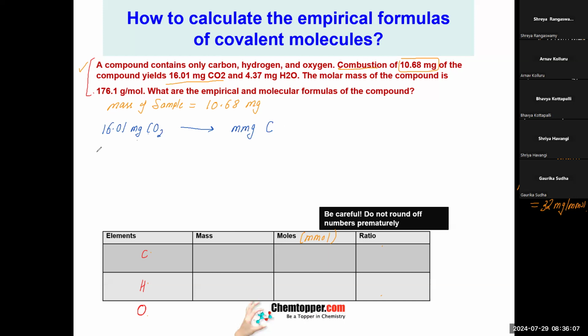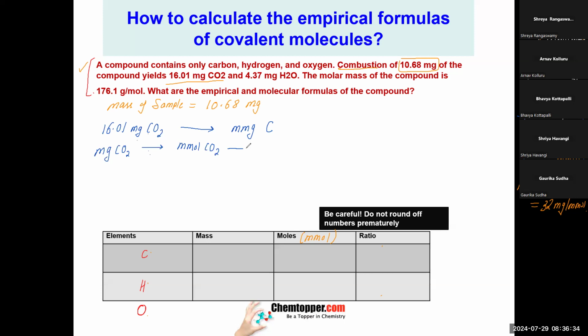What's the plan? I'll go from milligrams of CO2 to millimoles of CO2. Why use this ratio, children? This one, can you see? 1 millimole of CO2 is 44 milligrams per millimole. I'll use this ratio here.